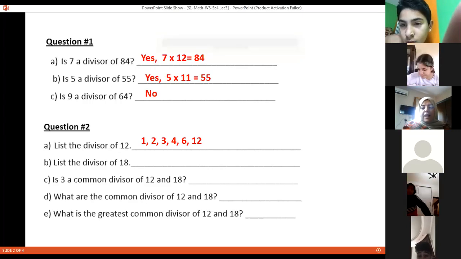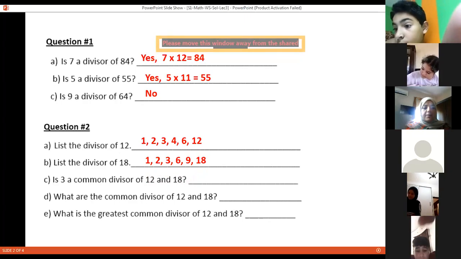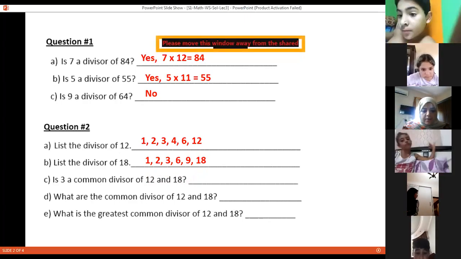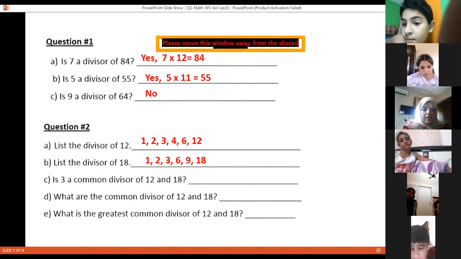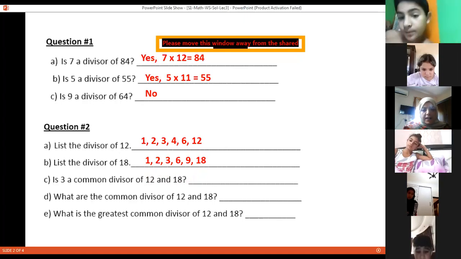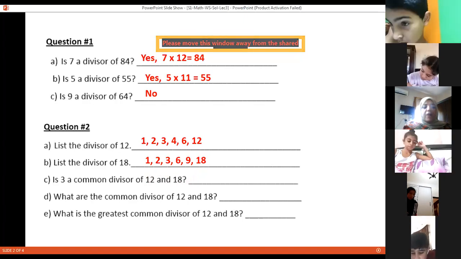Look what will happen, Ali. 1 times 18, 2 times 9, and 3 times 6. Do you agree? Okay, so we arrange them from the smallest number to the biggest number, as you can see.